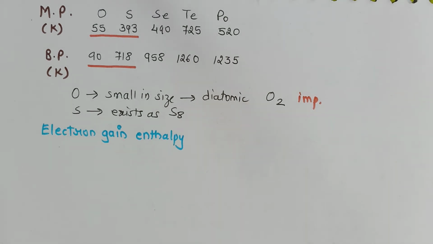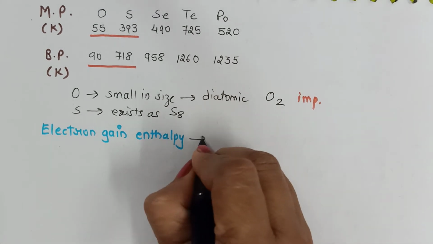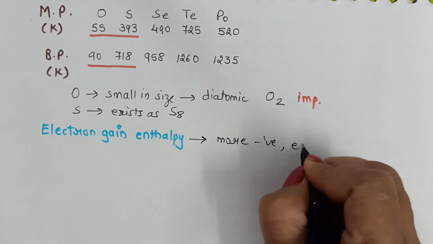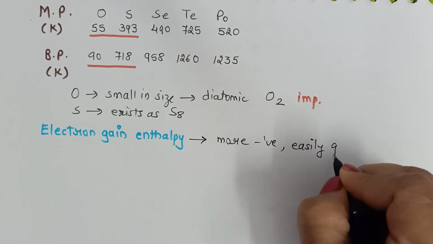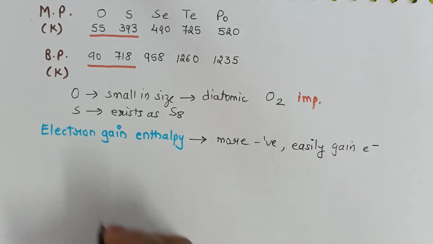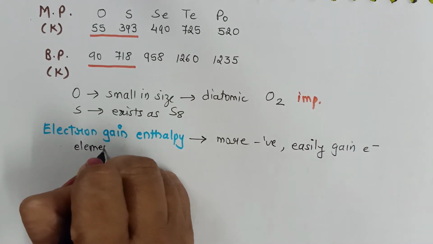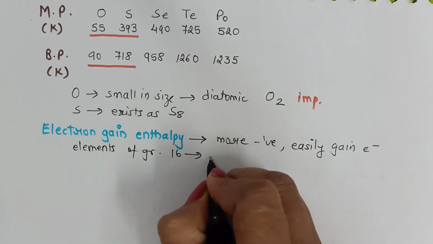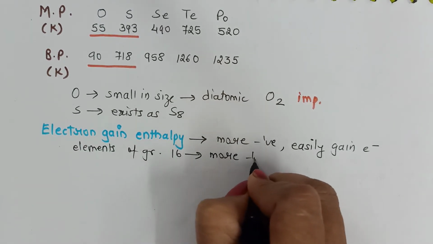The next property is electron gain enthalpy. Electron gain enthalpy, if it is more negative, the atom will easily gain the electron. Now, the elements of group 16, they have more negative electron gain enthalpy.